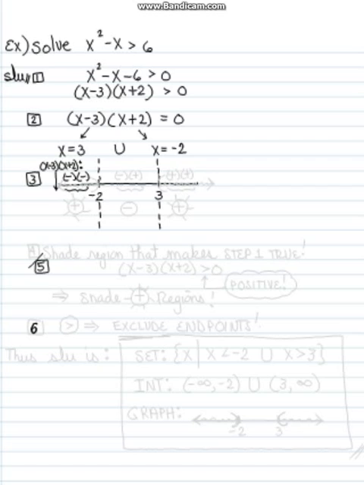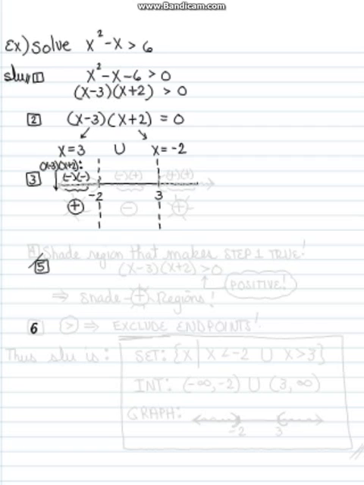Now, for values of x that live in the region less than negative 2, the first factor, x minus 3, is going to be a negative result. And for the second factor, x plus 2, choose a value that's smaller than negative 2, plug it in for x, and you'll get a negative result. So we have a negative in the first parenthesis, a negative in the second parenthesis, and when you multiply them together, the product of the factors is a negative times a negative.